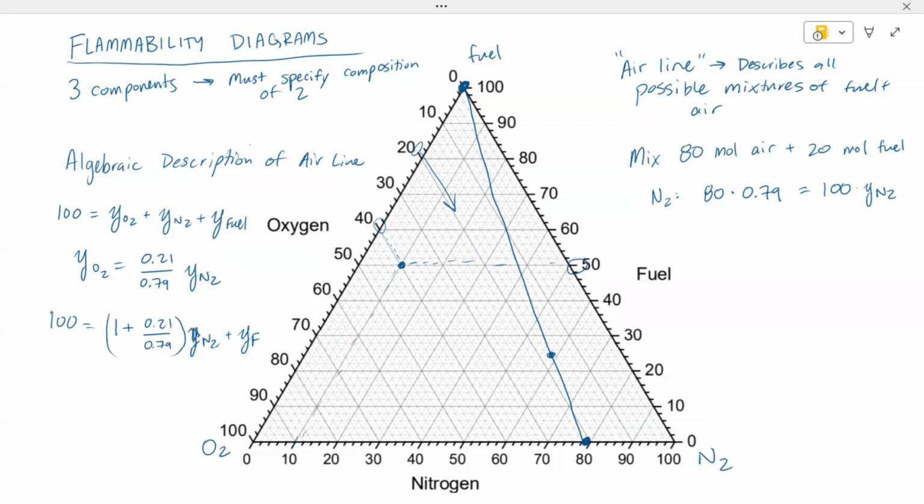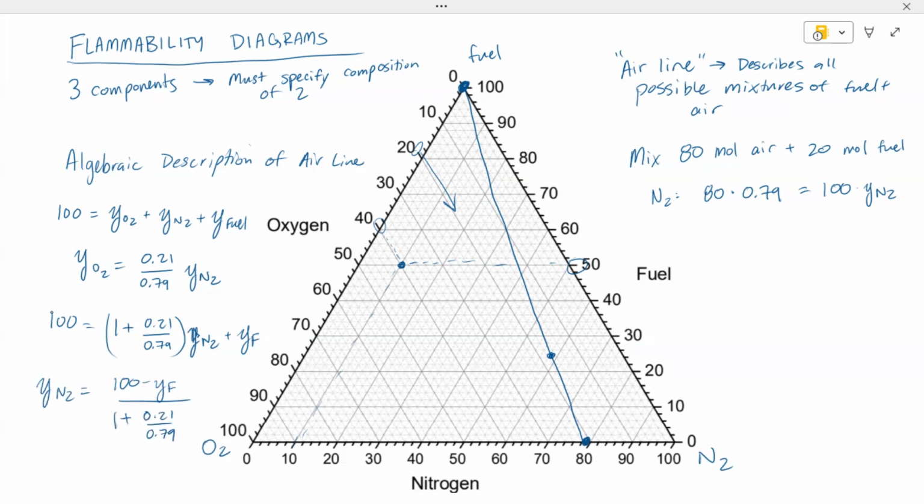You never need to know what the algebraic expression is, quite honestly, but it might help some people. If you don't understand why, I can just simply draw this line on the graph and it works. So again, what I'm doing here is expressing the composition of nitrogen as a function of the composition of the fuel. So if I solve for YN2, I will get 100 minus Y fuel over 1 plus 0.21 over 0.79.